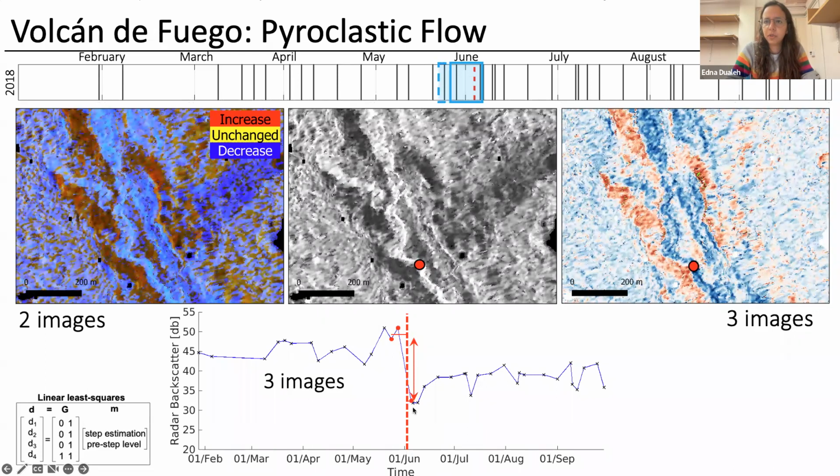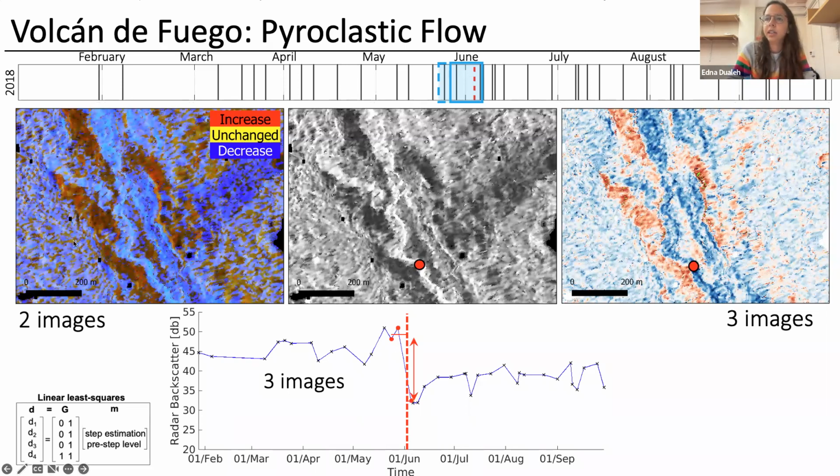To do this, we use one image after the eruption and 2 images before, and we can produce something that looks like this, which already makes it slightly clearer to see differences between the flow and the surrounding area.